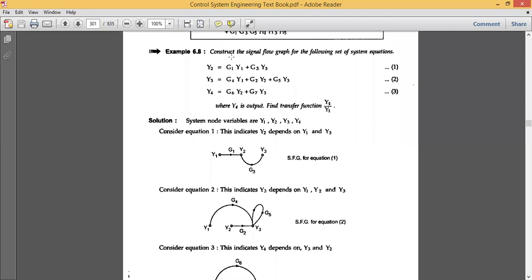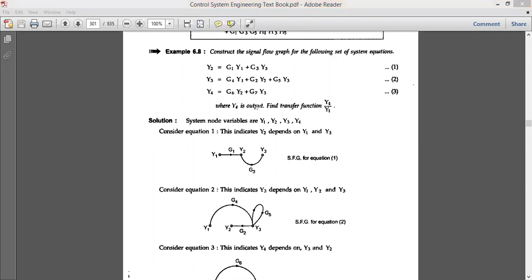The question is to construct the signal flow graph for the following set of system functions, that is y2, y3 and y4.